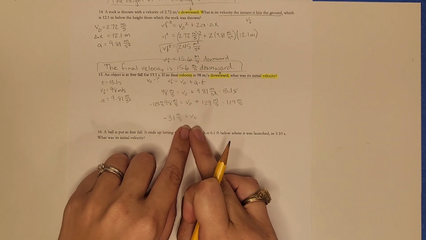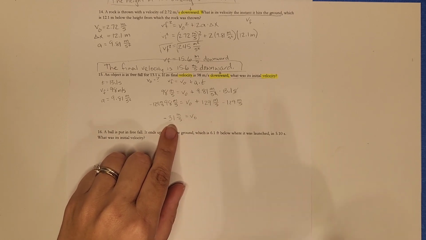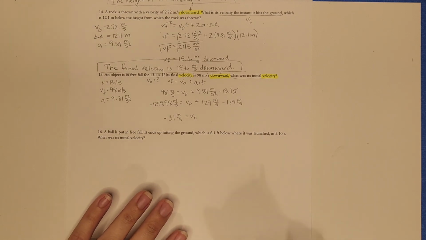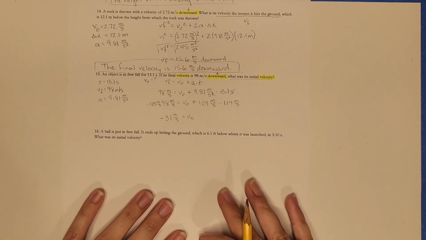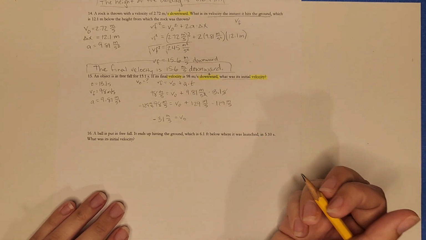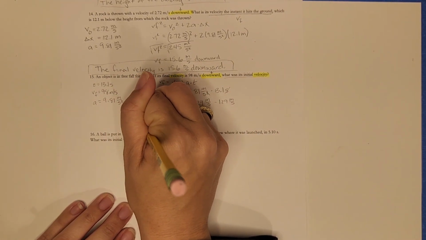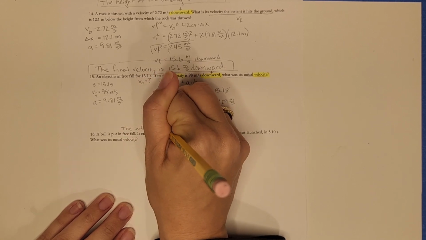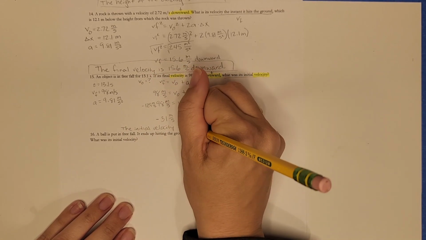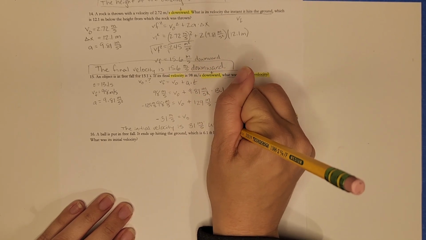So what actually happened here was that because this is negative, this object was thrown up first before it started coming back down due to gravity. Okay, so the initial velocity is 31 meters per second upward.